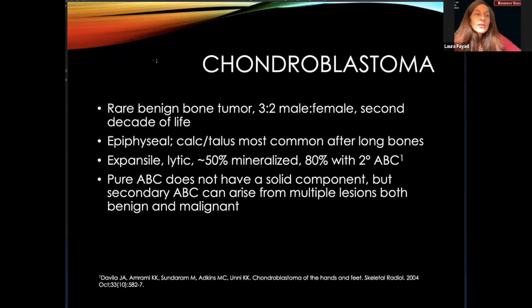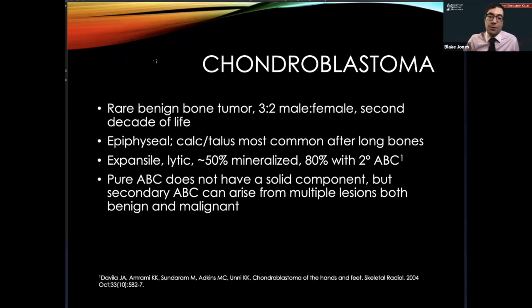So one is, could this be a giant cell tumor based on imaging? I think it's one of those things: it was at the end of the bone, and it does have this intermediate signal solid component. So theoretically, and like I say, GCT is one of the lesions where secondary ABC comes up.